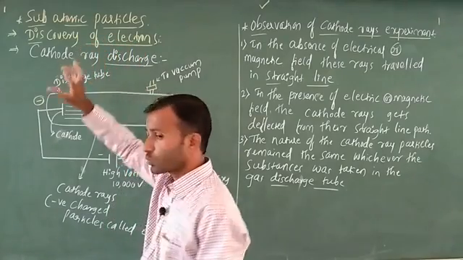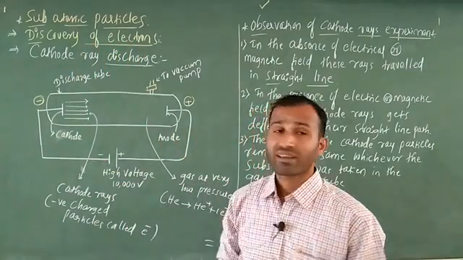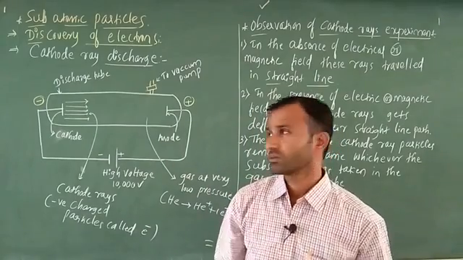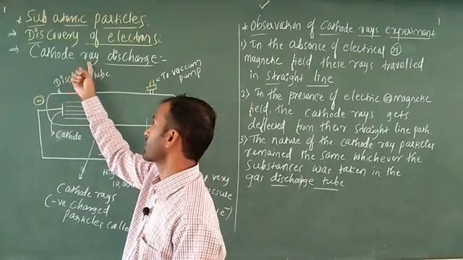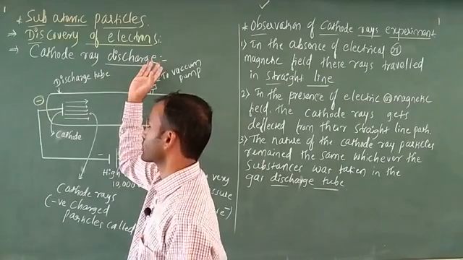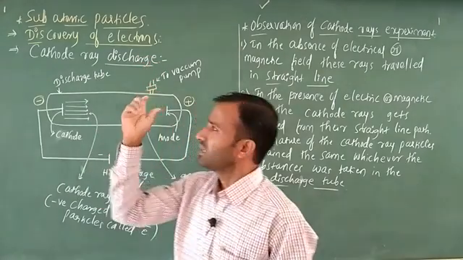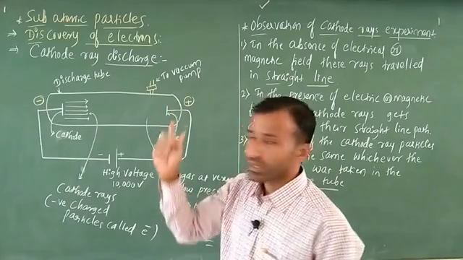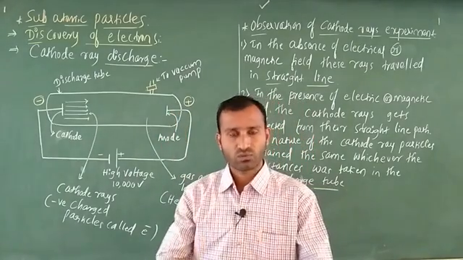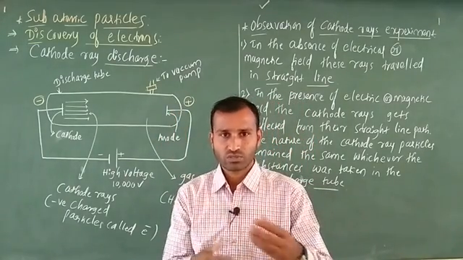The discovery of the electron was made with the help of the cathode ray discharge tube. The heading is cathode ray discharge tube. If you want, you can write it as a tube. This cathode ray discharge tube is present in a television.